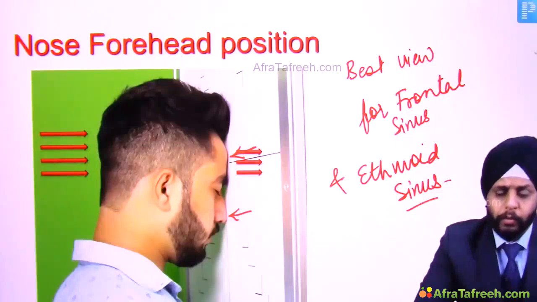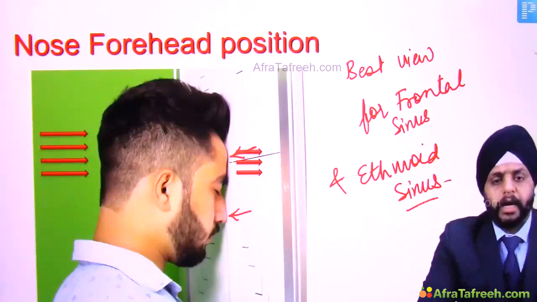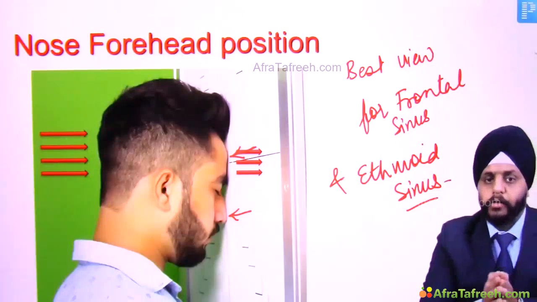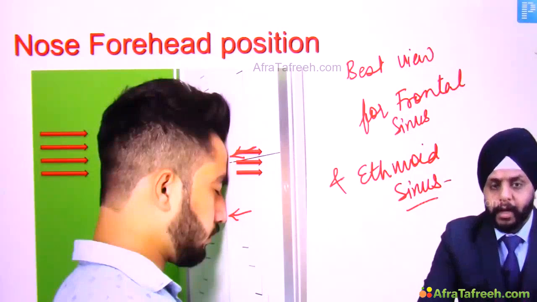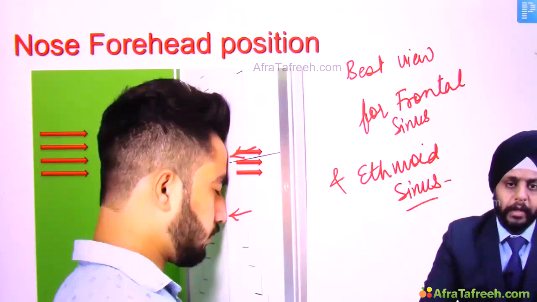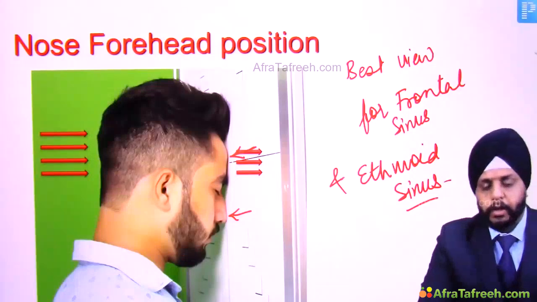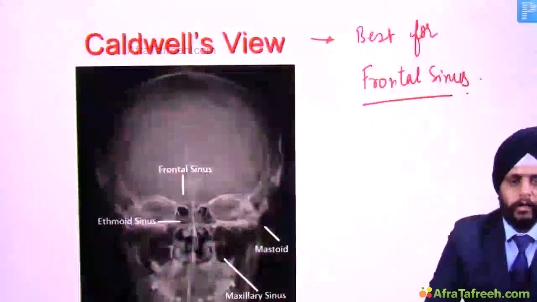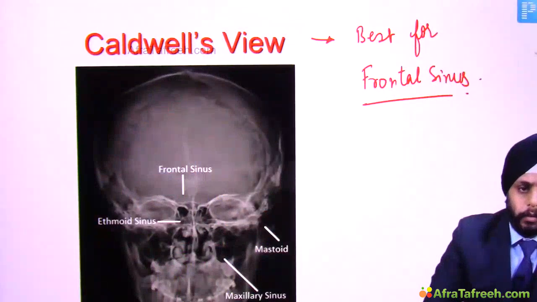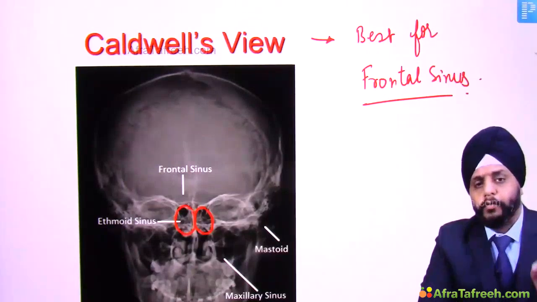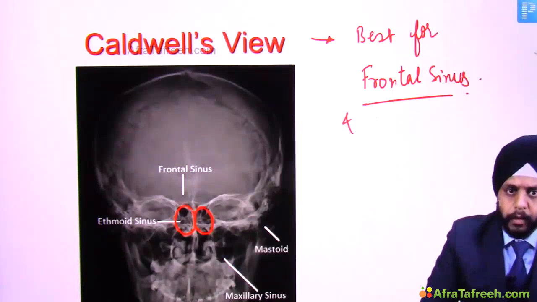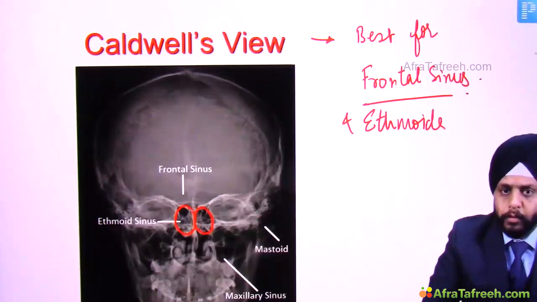Because in Waters' view, you are able to see only the anterior ethmoids. You cannot see the posterior ethmoids at all. So best view for ethmoid sinus, the answer will be Cardwell's view, because in Cardwell's view you can see both anterior and posterior ethmoids.